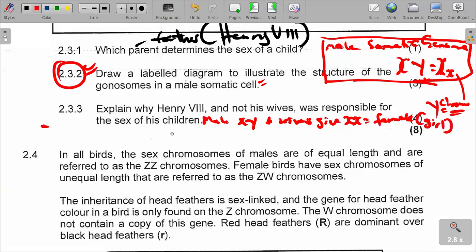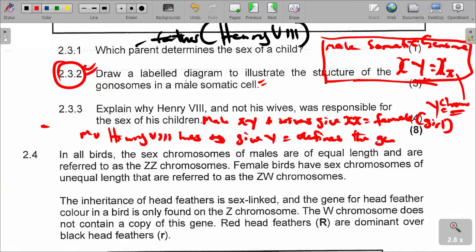So Mr. Henry VIII is the one to give the Y chromosome, which defines the gender of children.